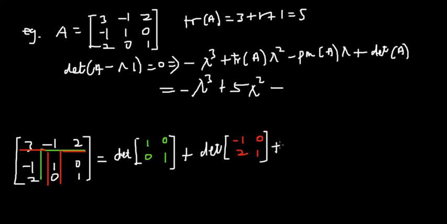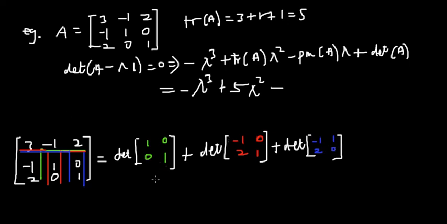Then we proceed to find the determinant of the third one. We take 2 into consideration. When you take 2 into consideration, anything below 2 and beside 2 doesn't count. So we have -1, 1, and then we have 2, 0.